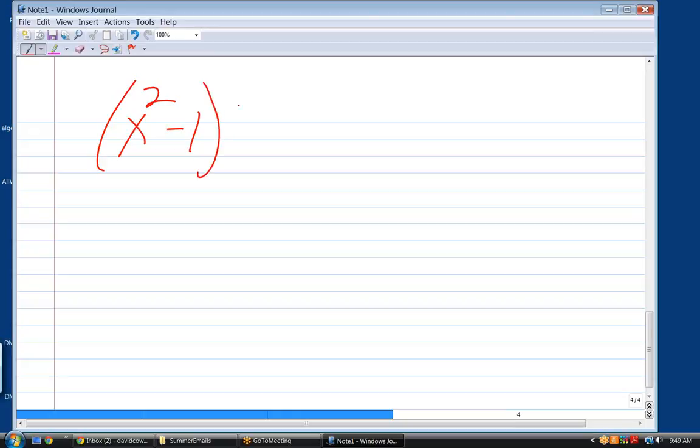Now I understand some of these you may not have ever encountered before. Let's do it piece by piece. What's the first term? Is it x to the 4th? Good. What's the next term? Isn't it just that?